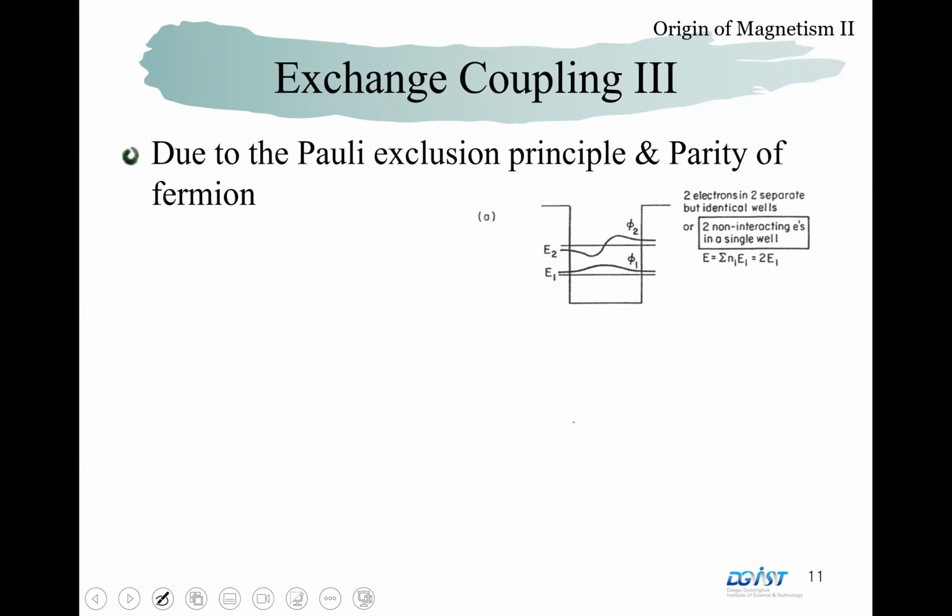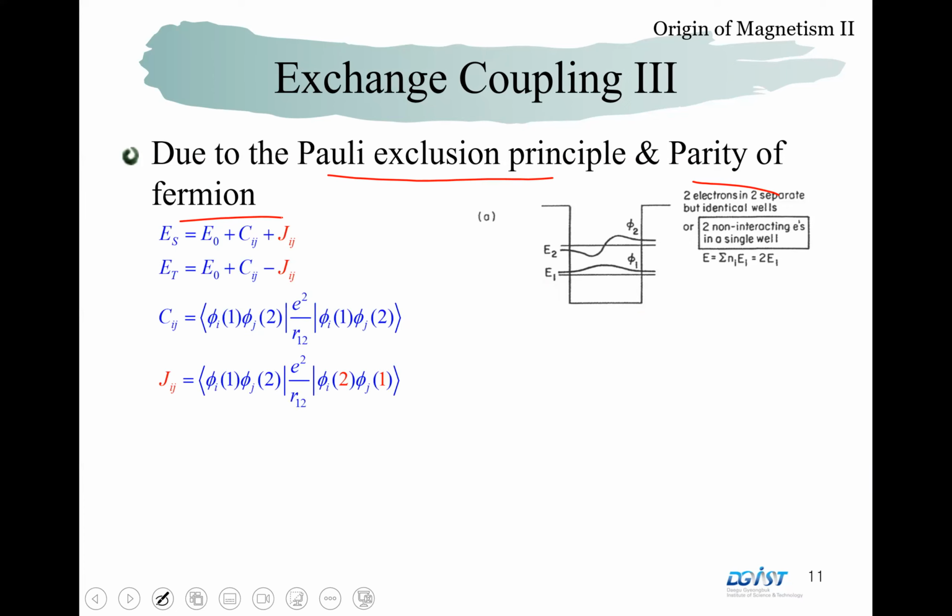Due to the Pauli exclusion principle and the parity of the fermion, we need an extra term called the exchange term. In the previous page we considered the Coulomb force interaction between two electrons.